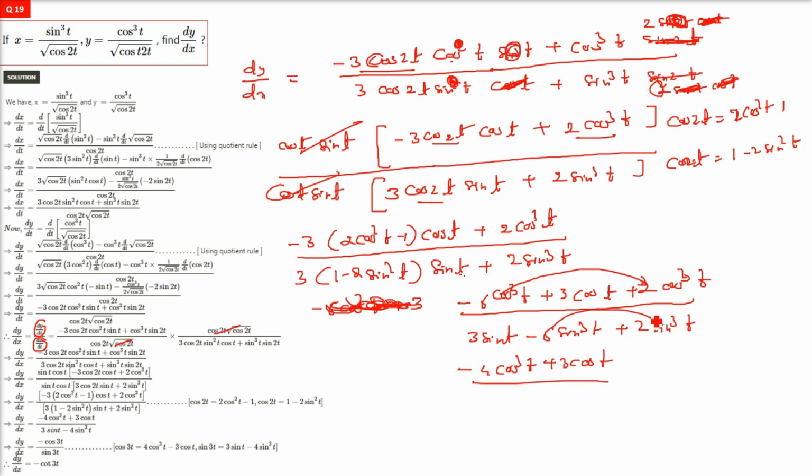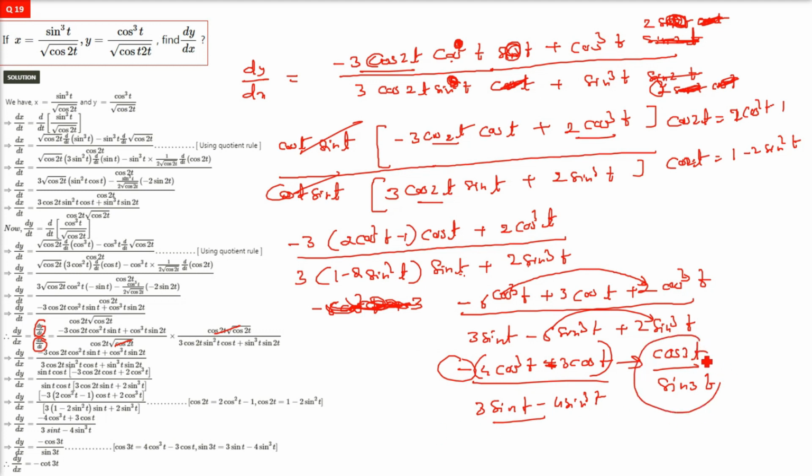That is 4 cos cube t minus 3 cos t. In the denominator, it will be 3 sin t minus 4 sin cube t. So this is cos 3t, if you take the negative out. And in the denominator, it will be simply sin 3t. The negative is already there. Cos 3t by sin 3t is minus cot 3t. Minus cot 3t. Okay.